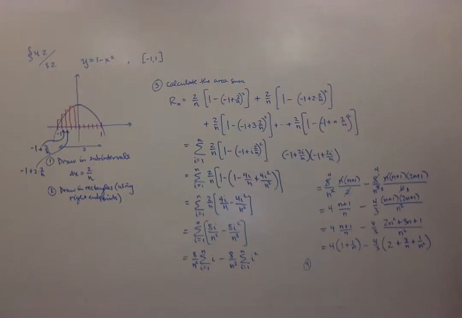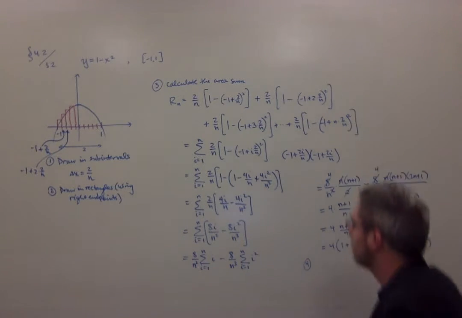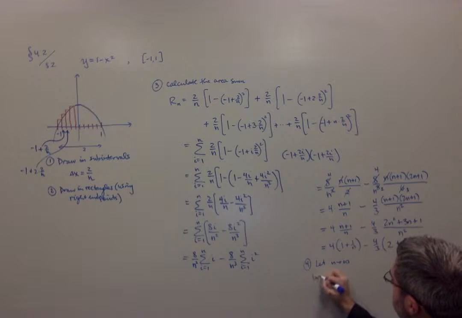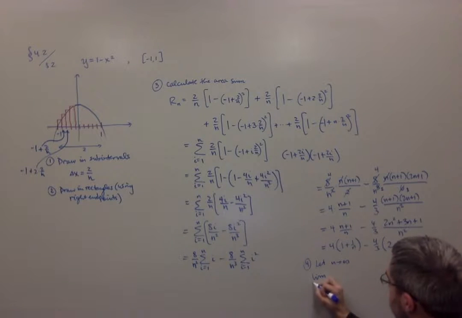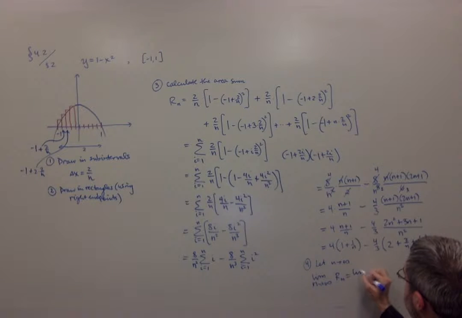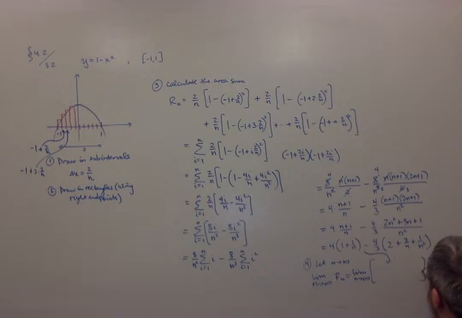No, I'm kidding. Okay, so now we let n go to infinity. The limit as n goes to infinity of these rectangles is the limit as n goes to infinity of this thing right here. The first part obviously goes to 4, minus the second part, which is 4/3, and these terms go to 0, so the only thing left there is 2.